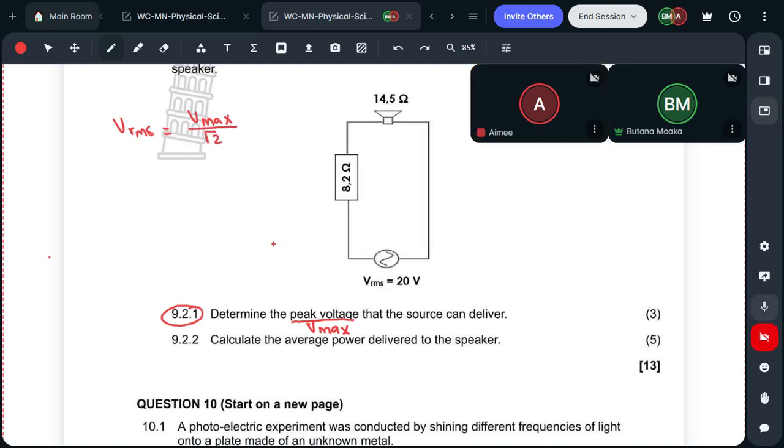We are looking for Vmax, and the VRMS is given as 20. So we substitute: 20 equals Vmax over root 2. Make Vmax the subject of the formula by multiplying both sides by root 2, which gives Vmax equals 20 times root 2. Then you punch that on the calculator. The answer that you get is your peak voltage.